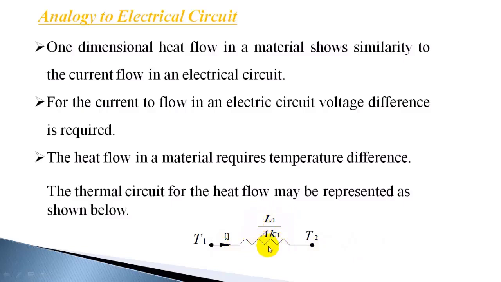L by AK can be considered as thermal resistance for the material. So temperature difference divided by thermal resistance will give the heat flow. So you can always represent the heat flow in a material by an equivalent circuit like this. Similar to an electrical circuit, we can draw a thermal circuit.